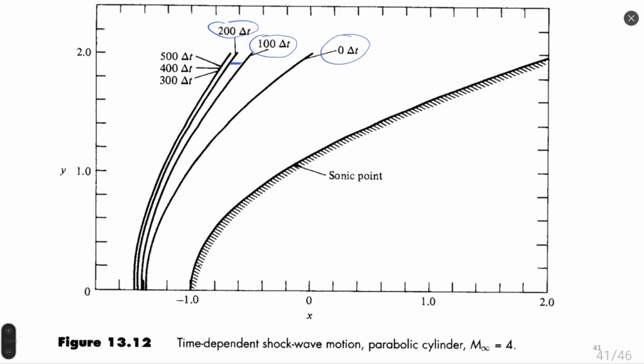And between 200 and 300 time steps, the difference is even smaller. So it slows down, and the shock wave becomes more and more stationary. So the time derivative, or parameter related to the time derivative, becomes smaller and smaller from one step to another. The shock wave stabilizes.